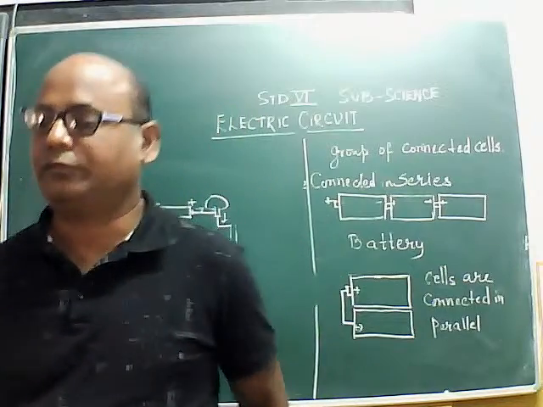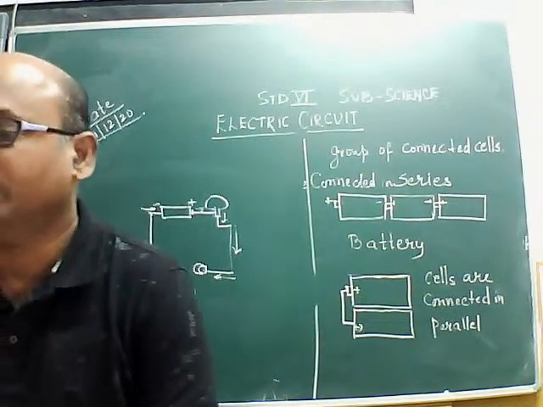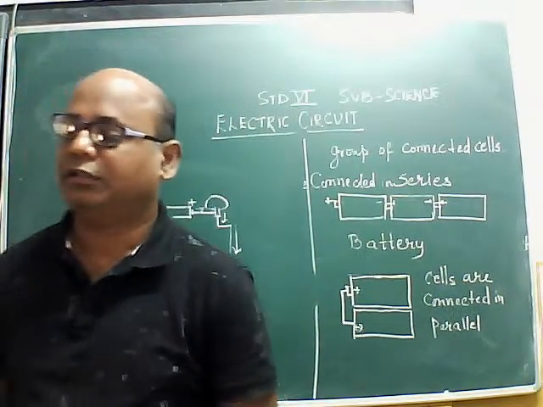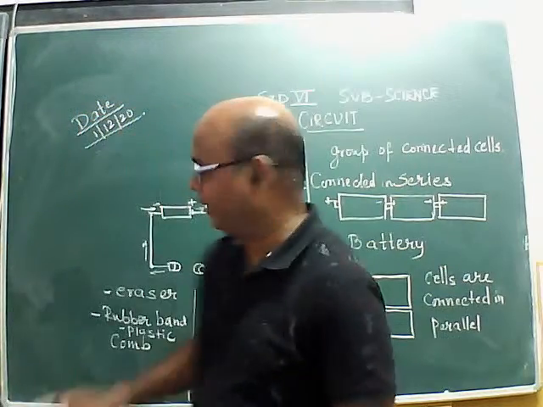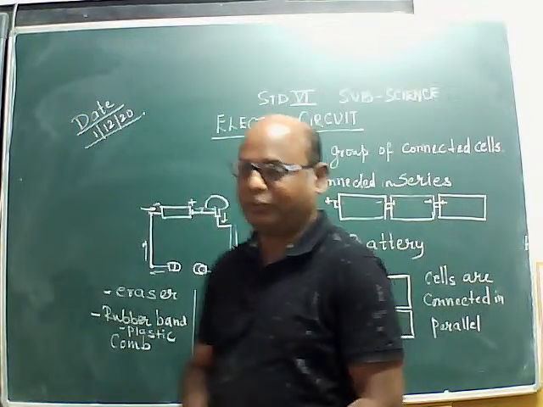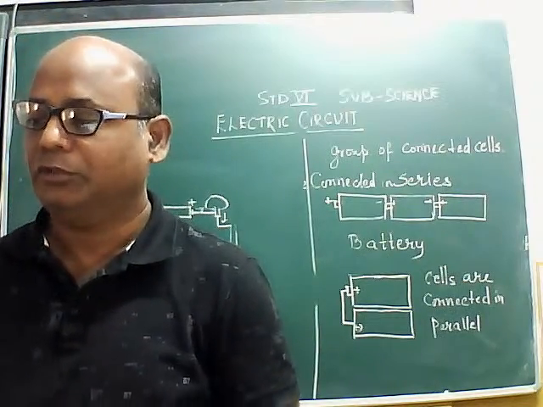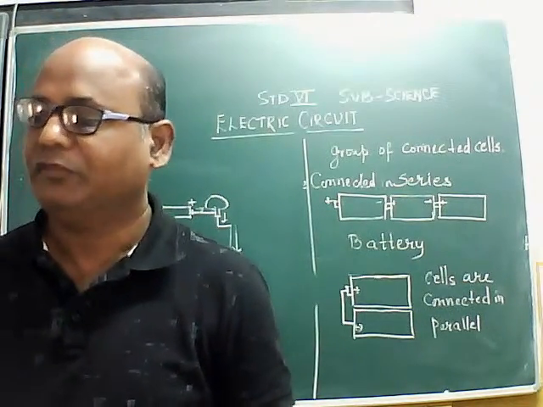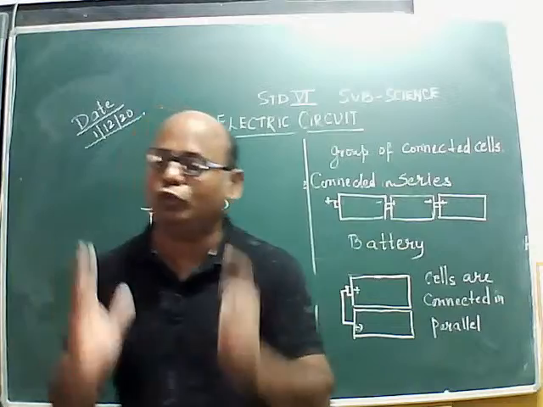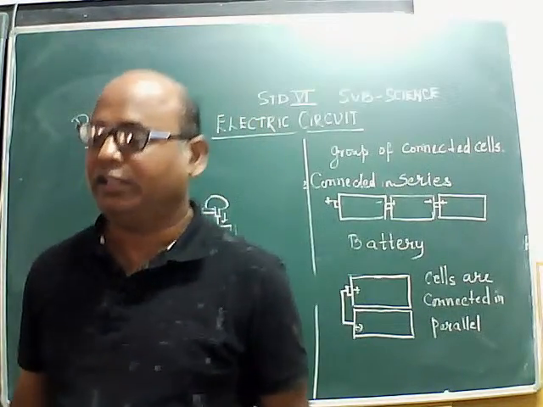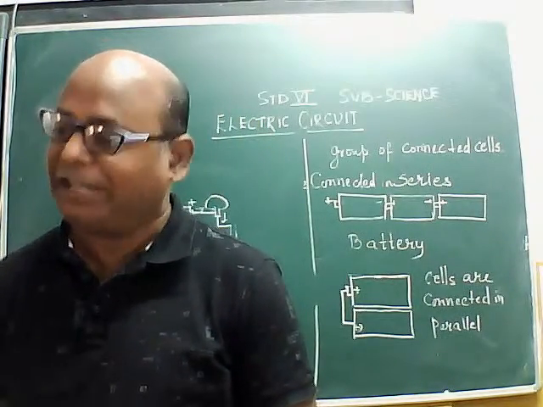So what do we find? It is a bad conductor or insulator. Such things which do not allow electricity to flow through them are called insulators or bad conductors.